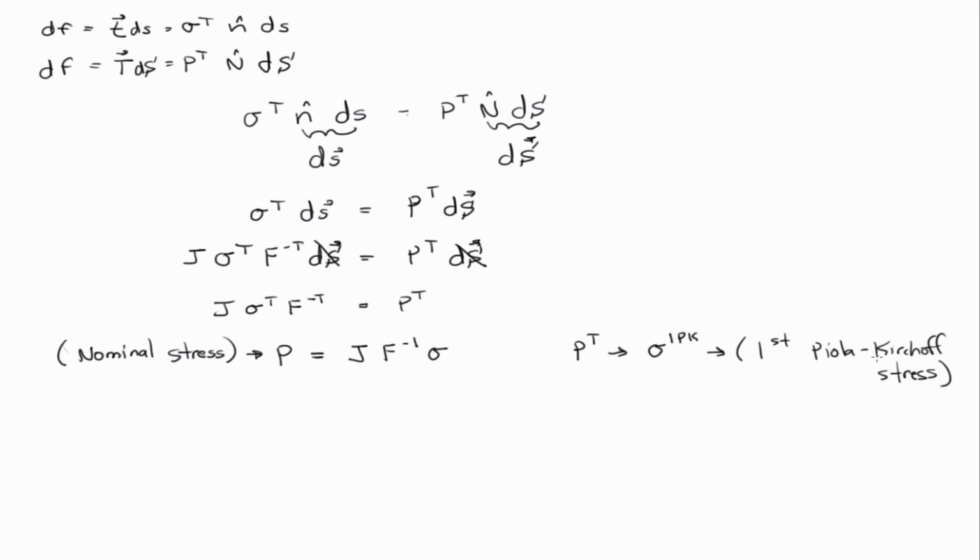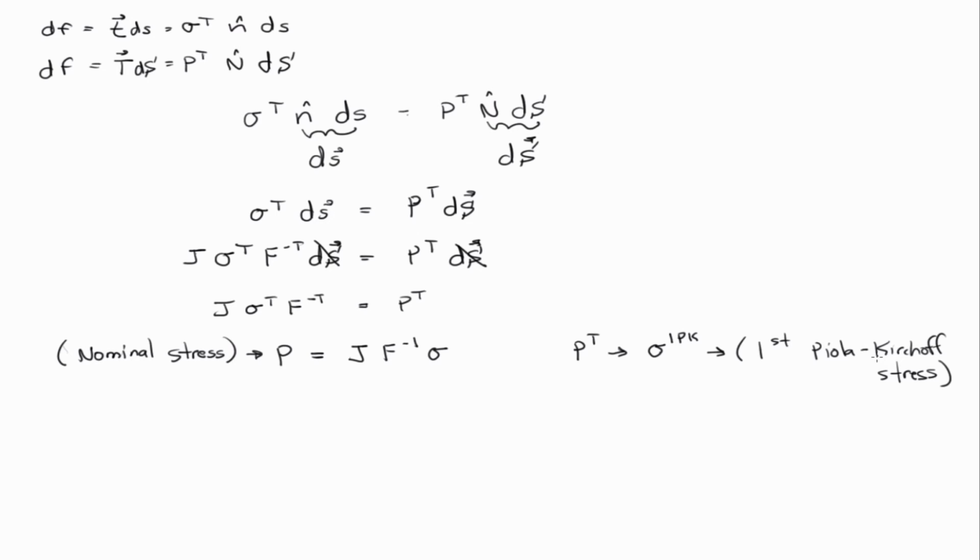In the next lecture, we're going to show that the Cauchy stress is symmetric. We haven't shown that. You know that from elasticity in small strain, but next time we'll derive it.